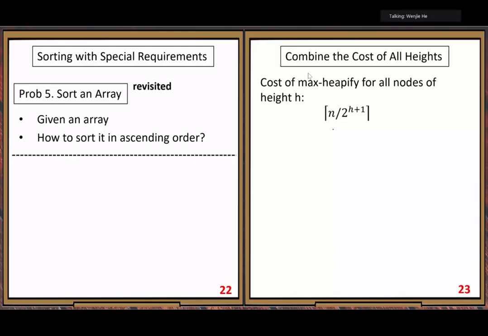So what is this number? Remember our counting number: the number of internal nodes with height h.